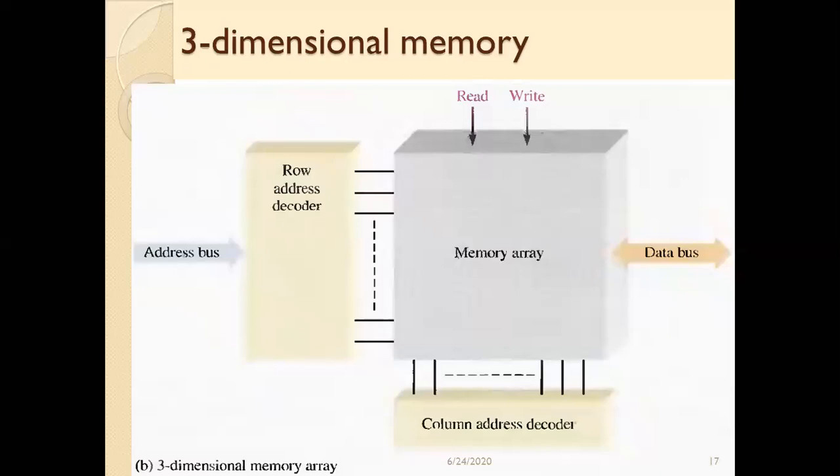So for example, if you want to put data on the memory, you will select the write line. Now your data is on the bus. This data will arrive from the bus to the specific memory location which you selected with the help of this address. And this address is decoded with the help of the row address decoder and the column address decoder.